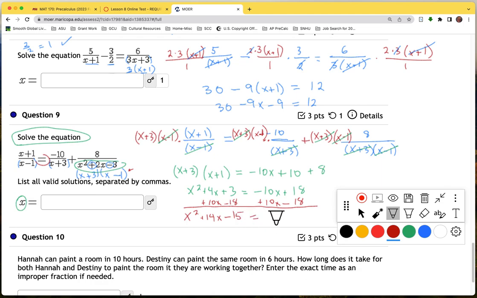And equals 0. 1 times 15 is 15. And when you subtract, 1 minus 15, you get negative 14. Okay, so it tells us it's going to factor into x and x, 1 and 15.